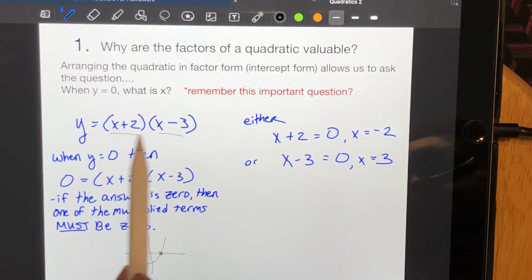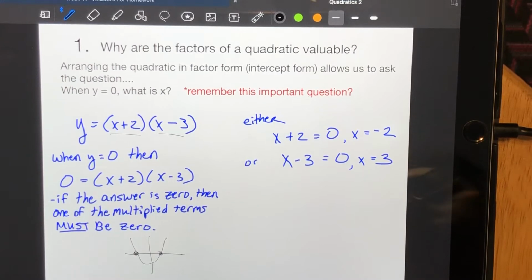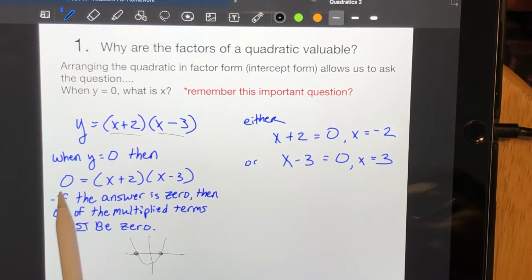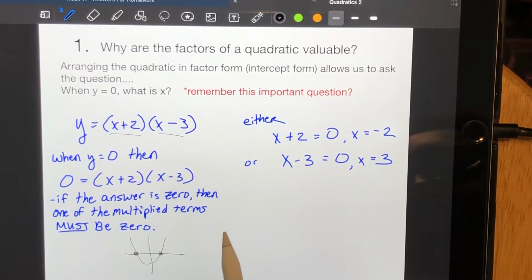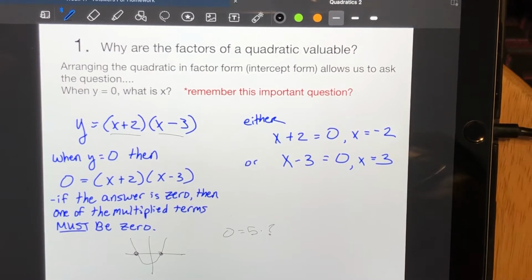So once we have it factored, the rule is if your answer is 0, then one of your terms must absolutely be 0. So if I have 0 equals 5 times something, my question mark must be 0.